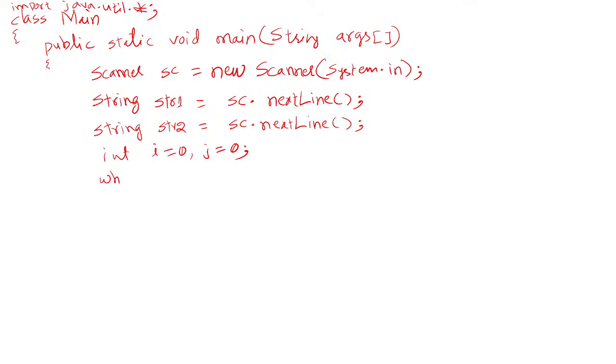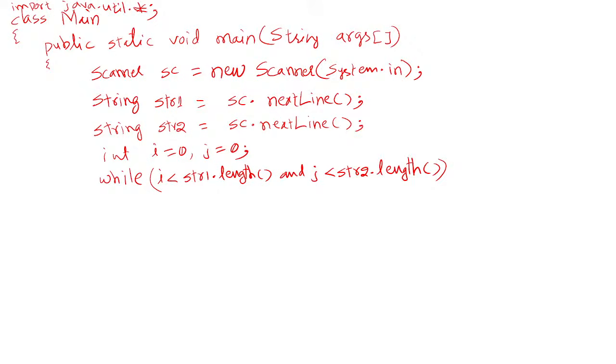For that we have a method called length. So while i less than str1.length(), and j less than str2.length(). This entire thing you must enclose in parentheses in Java, otherwise you will get an error.